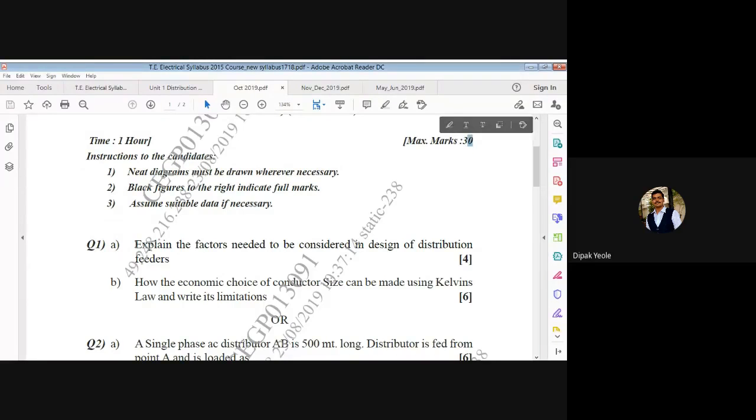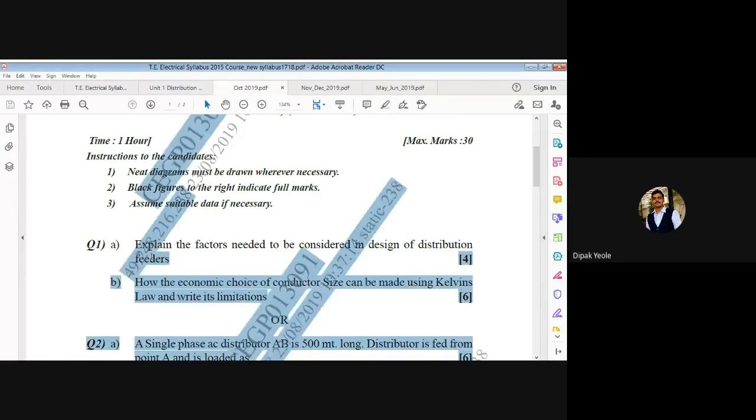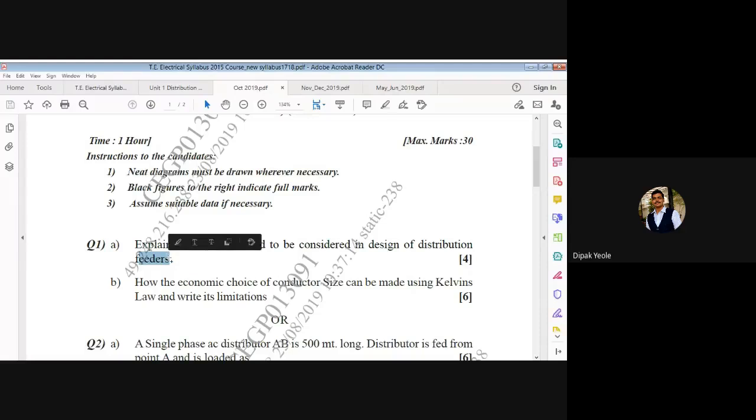Yes, so this is the first question. Explain the factors needed to be considered in design of distribution feeder. What is a feeder? A feeder is a conductor which is used for connecting a substation to a particular area, as we have known. That is called the feeder. But here they have asked what the factors are.